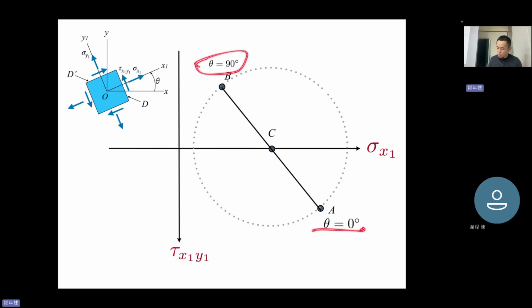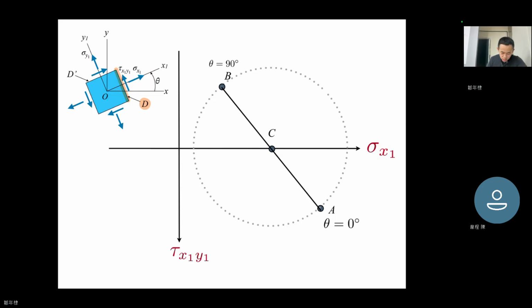Okay, so now we just obtained the point A and point B, right? And you know theta equals 0, theta equals 90 degrees. So how about if you have a new axis x1, new axis y1, with a theta rotation? So here you rotate theta counterclockwise. All you need to do, now you have this D point.